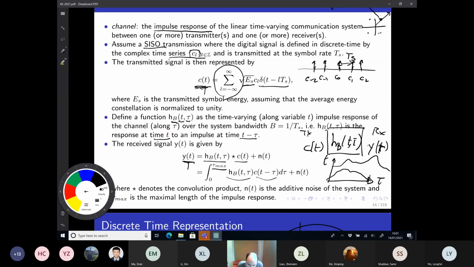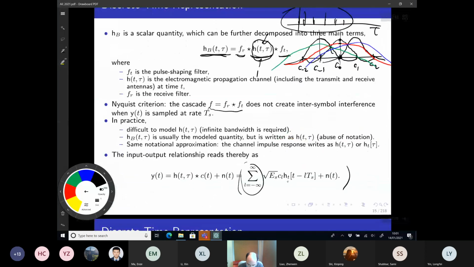And then instead of having a Dirac pulse, now I will have the impulse response of the channels evaluated at t minus LTs. And this is what you have here. So this quantity is just a change of notation. This is the same as saying this is H of t, but with a delay that is given by t minus LTs.